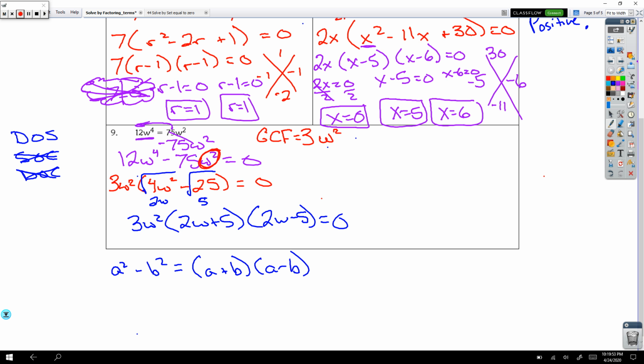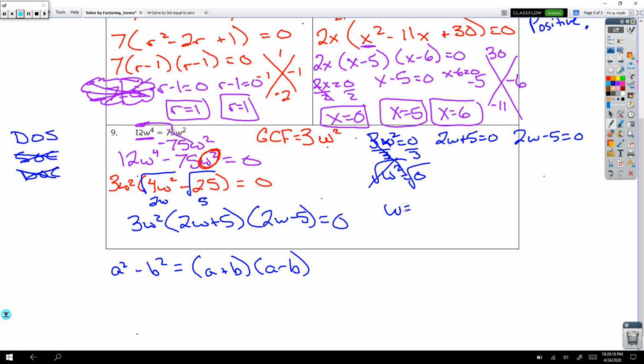Setting each piece equal to 0. Don't forget that GCF, right? It has a variable in it, so we have to include that. 3w squared equals 0, 2w plus 5 equals 0, and 2w minus 5 equals 0. So divide by 3. We would have w squared equals 0. To get rid of the square, I'm just going to square root both sides.